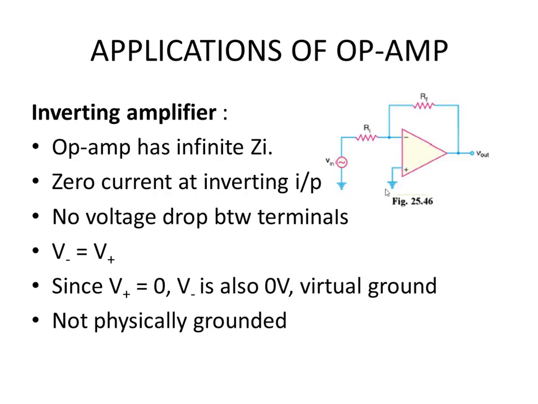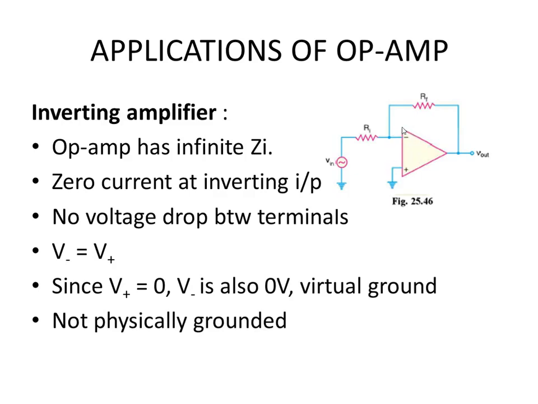Why? Because the non-inverting terminal is grounded and the potential at that point is 0 volt, and since the input impedance is infinity and the input current is 0, V plus is equal to V minus.